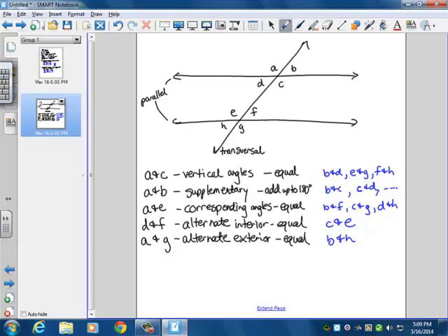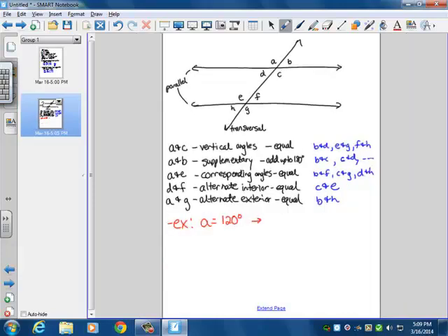So let's throw in one example with these. So let's say A was, let's say it looks like about 120 degrees. So if A is 120 degrees, the other angles that would be 120 degrees, well, C, because it's a vertical angle, E would also be 120 because it's corresponding, and then G would also be 120 because, well, it's vertical to E. Okay, how about B?